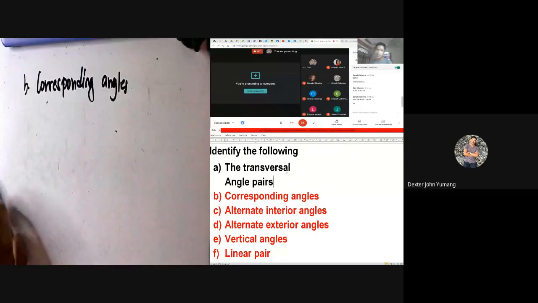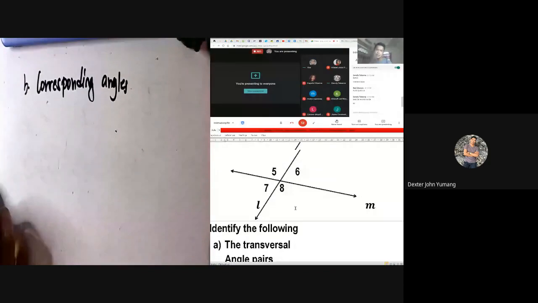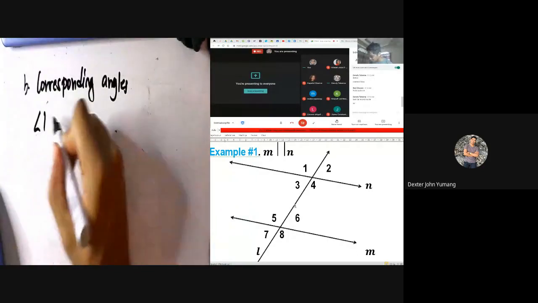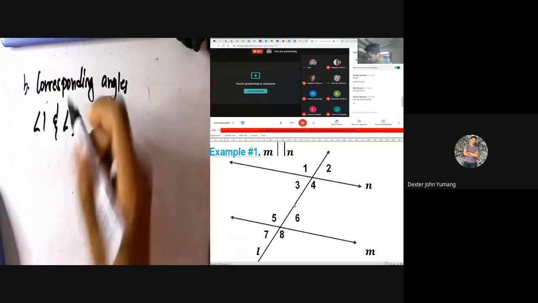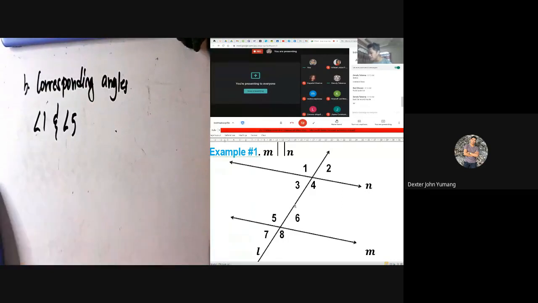Okay, the first one is corresponding angles. Can you look at this example for number 1? Ano po dyan ang corresponding angles? When you see corresponding angles, they correspond to each other. Ano po yung corresponds? Parang ganito, 1 and 5. Angle 1 and angle 5. Of course, the symbol for angle is parang L na patabingi. Look at the figure.